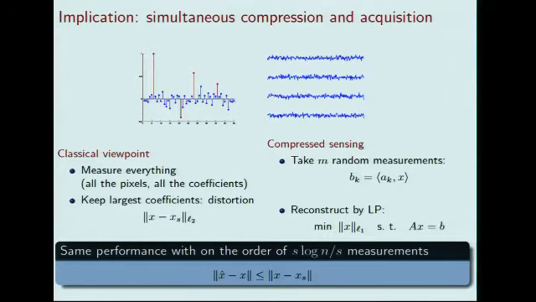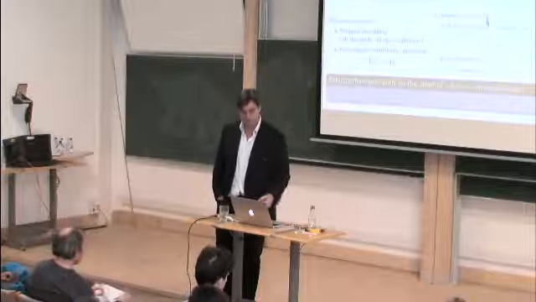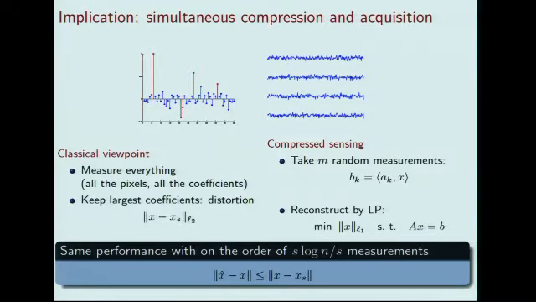The fact that it holds for the Gaussian ensemble completely justifies this claim: if m is on the order of S log n over S, then by the deterministic theorems we've seen, with very high probability I will obey the restricted isometry property, and if I obey it, I have this. So this is the implication of compressed sensing: you can do simultaneous compression and acquisition because you take very few samples, and then you recover by L1, and you get the guaranteed error we've seen a few times.